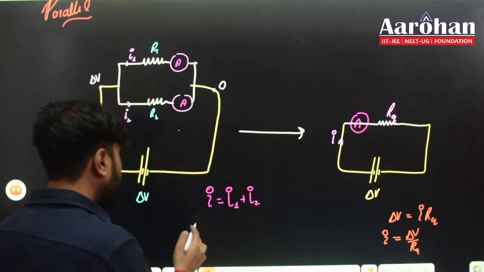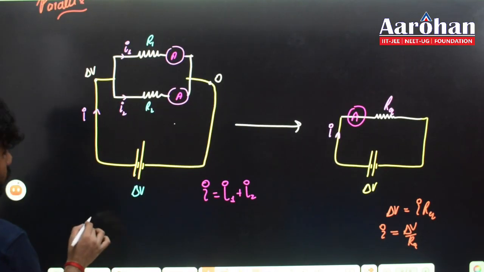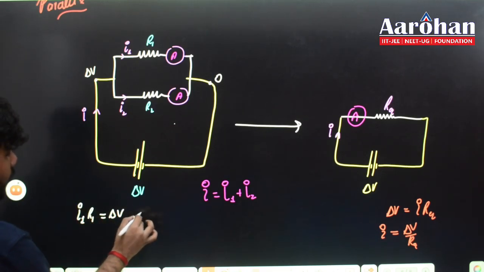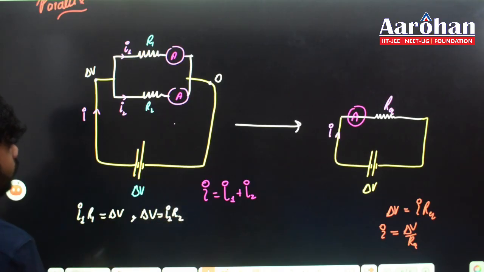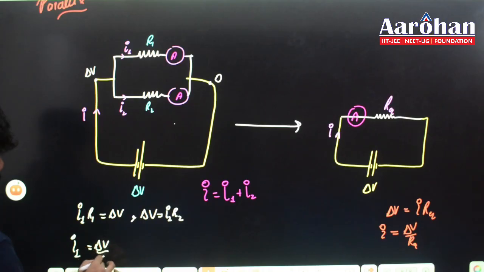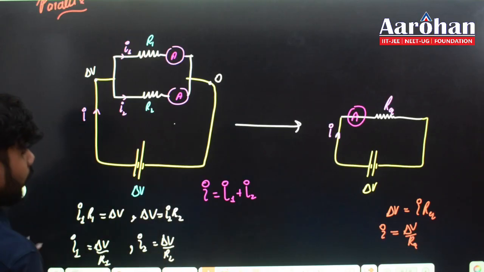But if you see in this circuit, the potential difference across them is the same. So the potential difference is I1 R1, delta V. Similarly, delta V equals I2 R2. So here I1 can be written as delta V by R1. Here I2 can be written as delta V by R2.